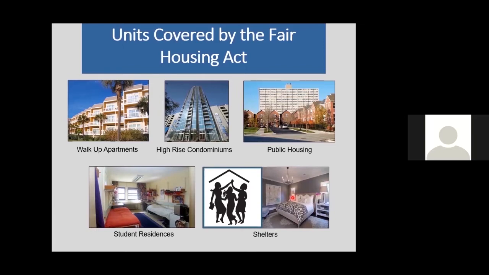This law is not dependent on federal funding, whether it's a public or a private entity. It is applying to public housing, private housing, for rent housing, for sale housing. It could be student dormitories. It could be homeless shelters. If we have 4 or more units, we need to look at these design requirements.